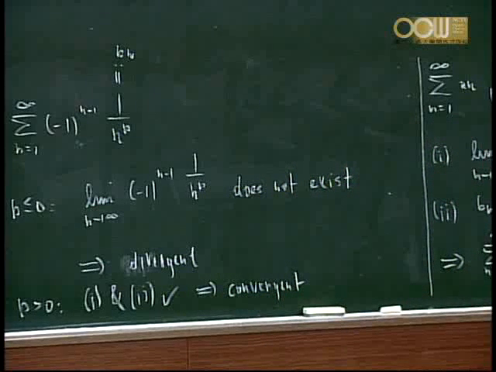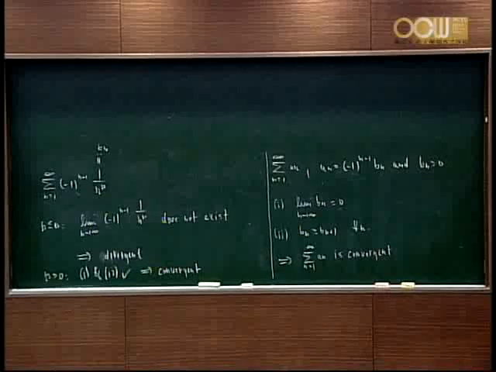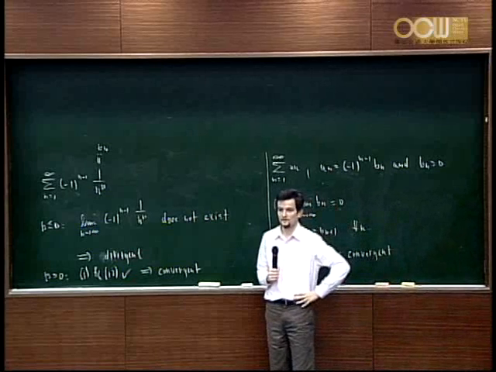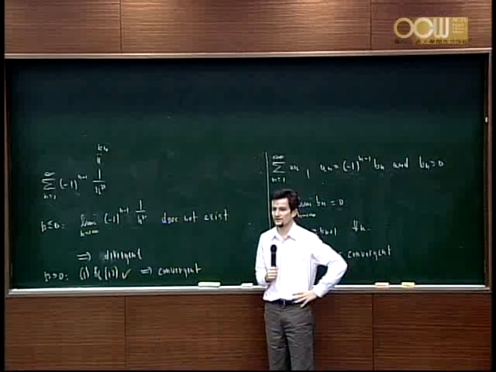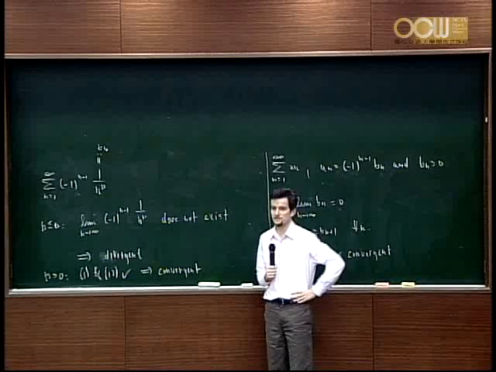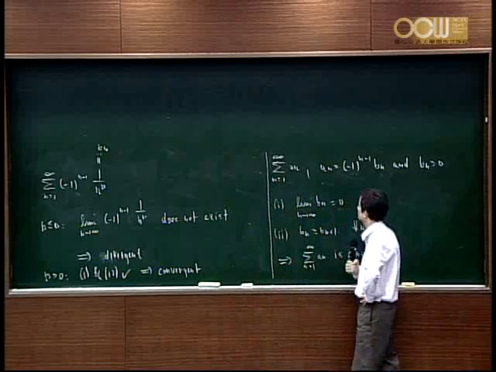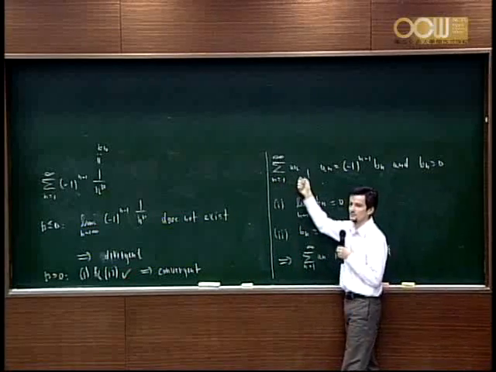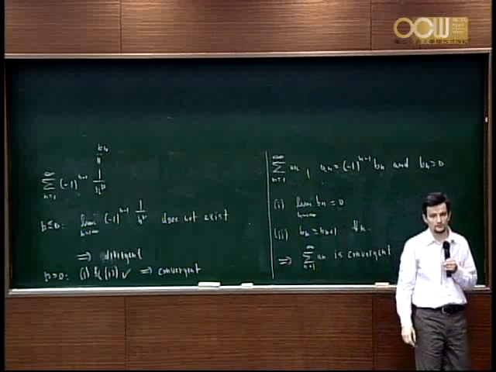Okay, so it's very easy for this example to apply this test. You see, this test is very convenient because it's very easy. Okay, so from all the tests we have seen so far, this is the test which can be applied easiest. But this test can just be applied to a special situation, namely to series which are alternating.